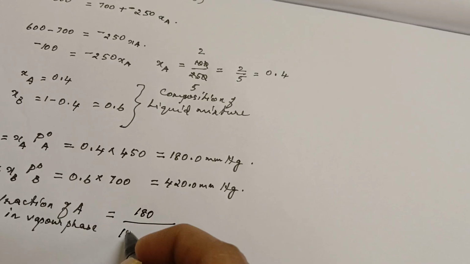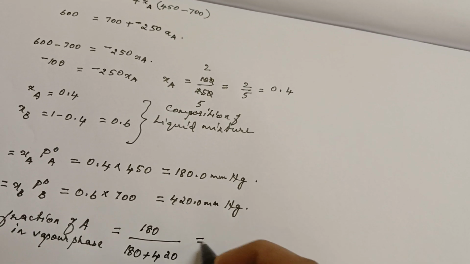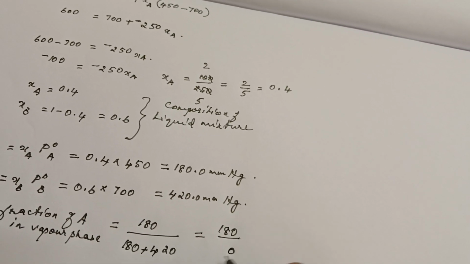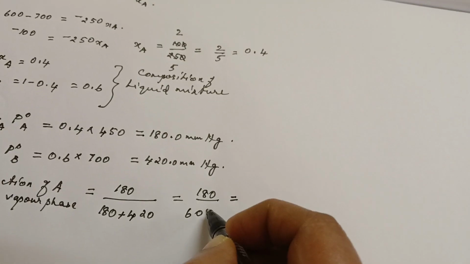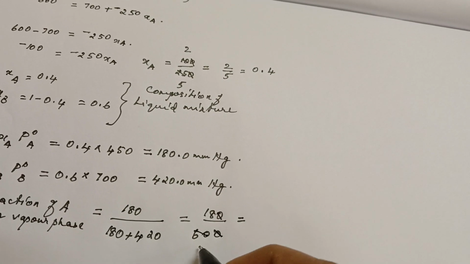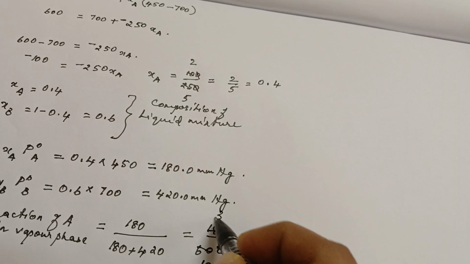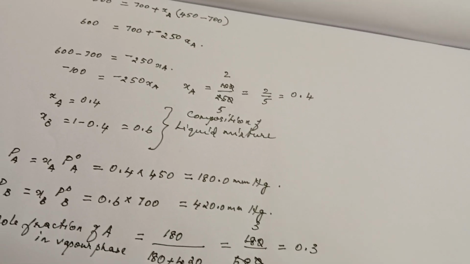That is 180 plus 420. That is equal to 180 by 600. Let us simplify it. Dividing by 6, we will get 3 here, 10 here. So 0.3.